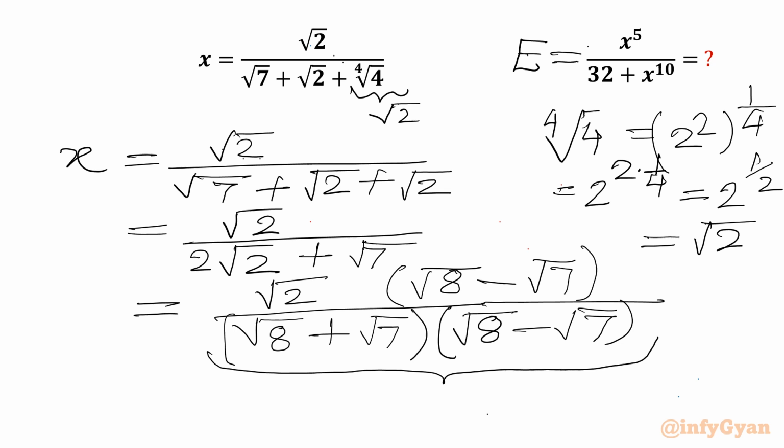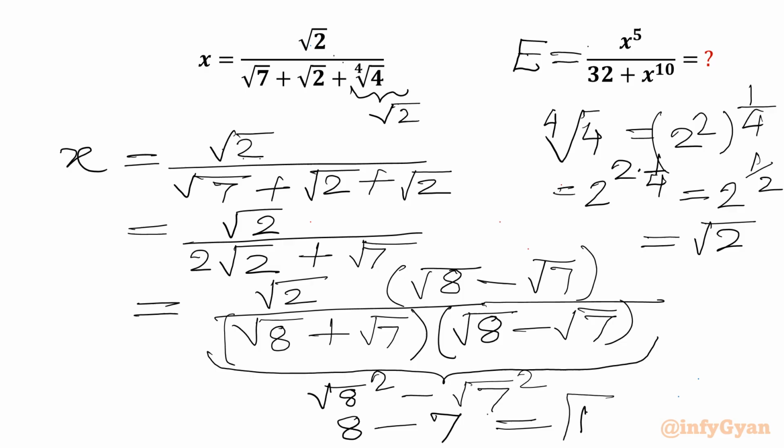So we can use the difference of two squares identity, which will give us square root 8 whole square minus square root 7 whole square, which will be equal to 8 minus 7 in the denominator. So the conclusion is our denominator will be 1. Numerator is root 2 times root 8 minus root 7.